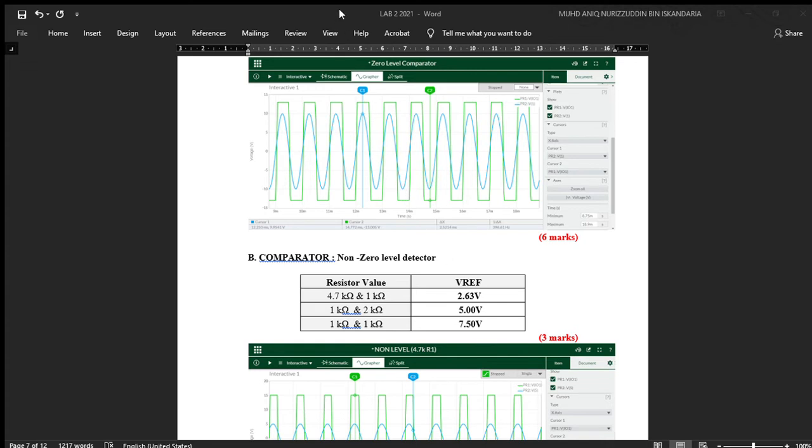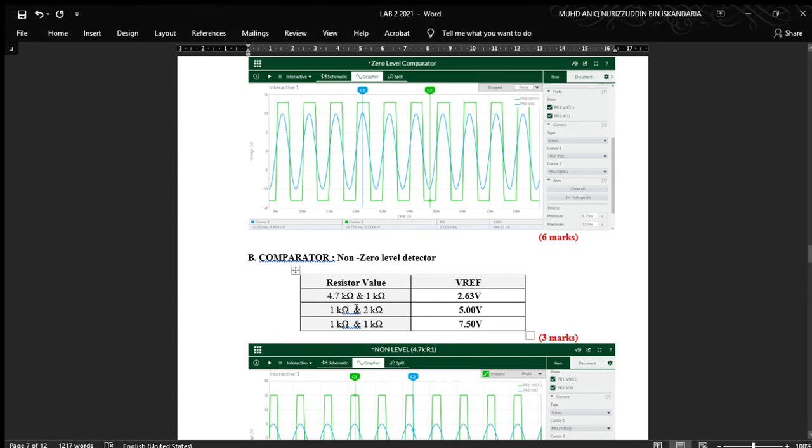Now let's go to the non-zero level for 2 kilo ohm R1. At 2 kilo ohm R1, after we calculate, we get 5 volt.